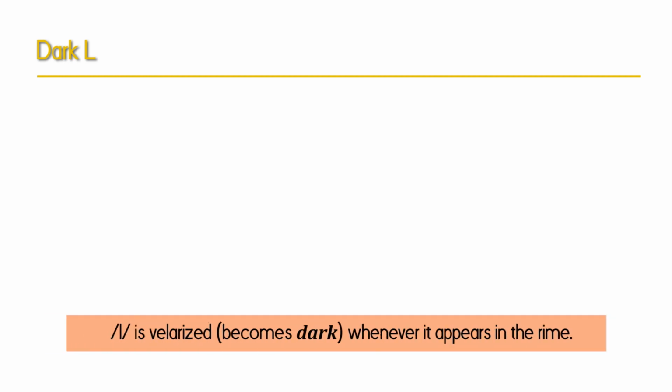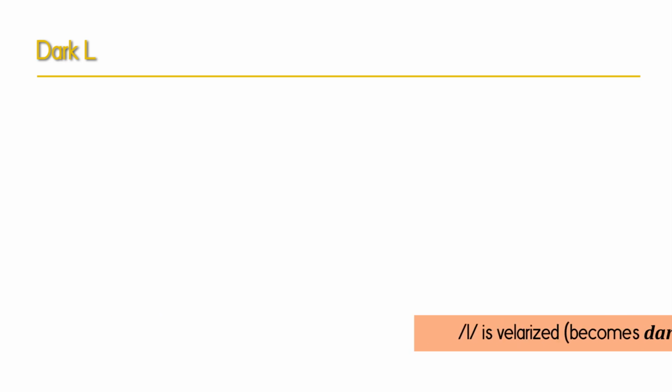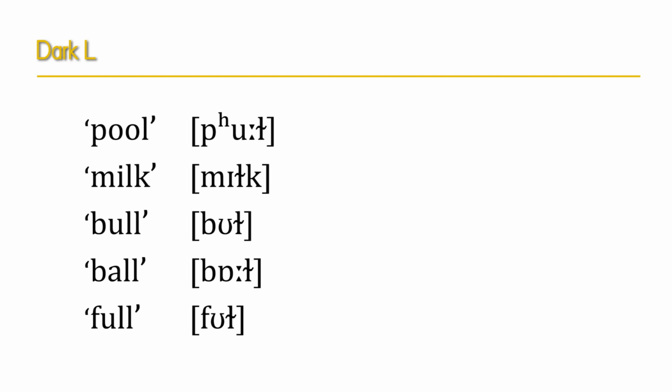Why do I talk about syllables here? Because I want to go back to the dark L. The dark L is velarized whenever it appears in the rhyme, and now I want to bring some examples of this. You see, in all of these, let's look at the syllable structure. This is the onset, this is the nucleus, this is the coda.